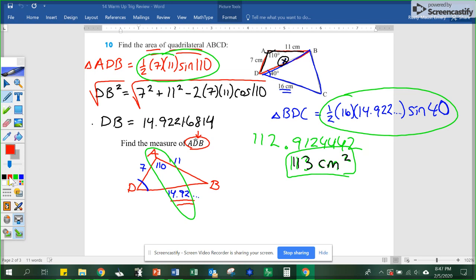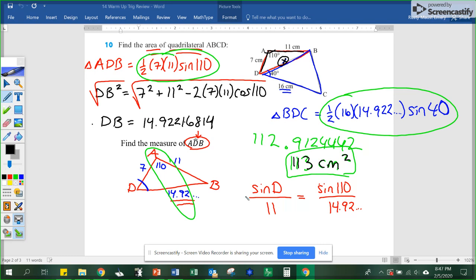So to solve for angle D, I'm going to set it up with sine of D over the side opposite, which is 11, and set that equal to my complete angle side pair, which is sine of 110 over my unrounded value, 14.92... Okay, so now at this point, I do need to solve this a little bit.